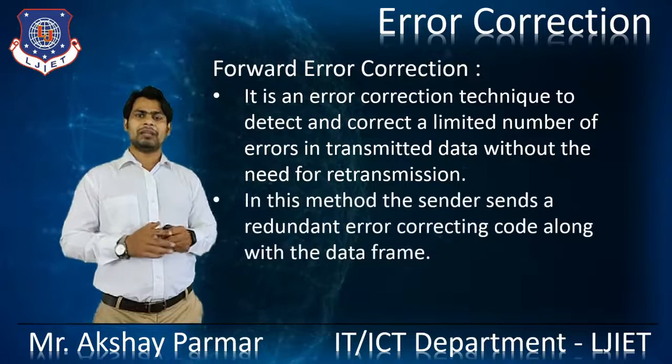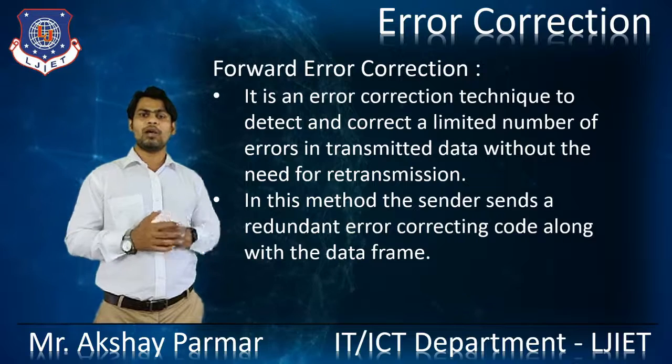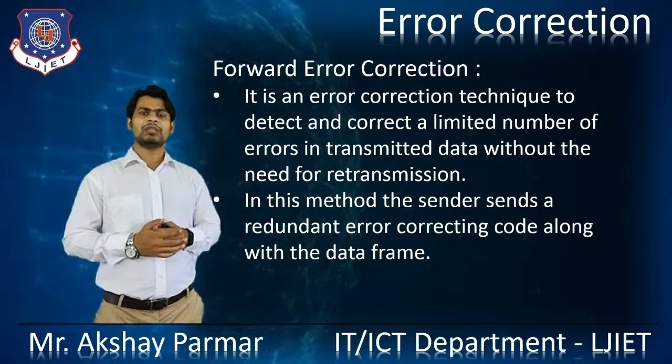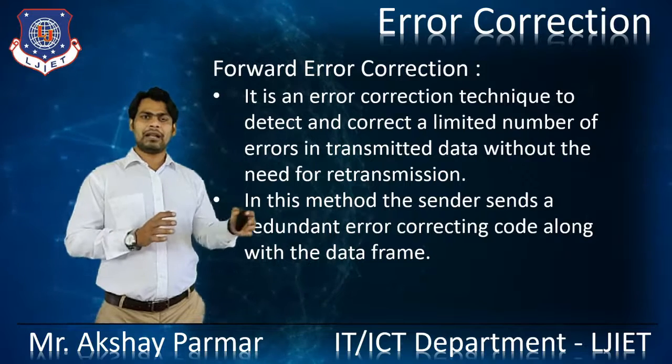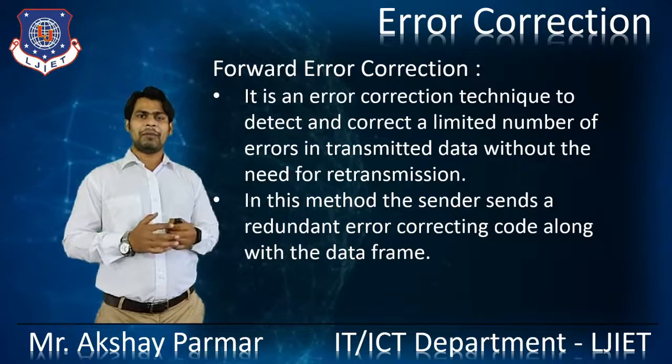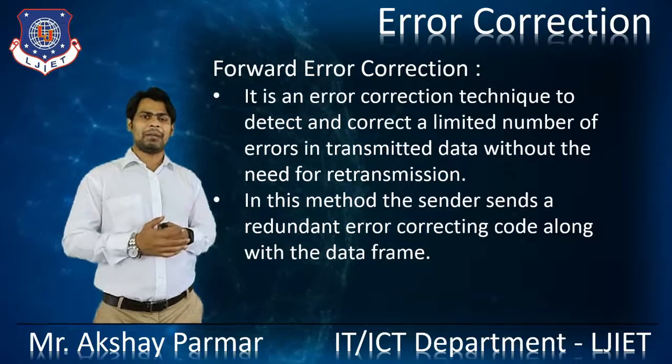In this method, the sender sends the redundant error correcting code along with the data frame. With the help of that, we get our original data whether an error has happened or not.